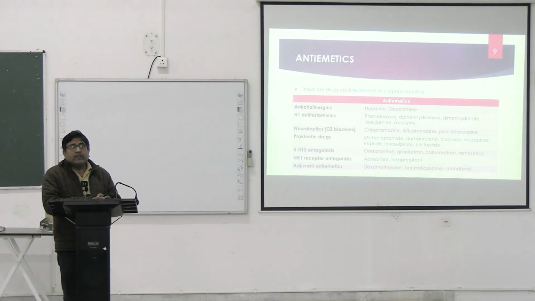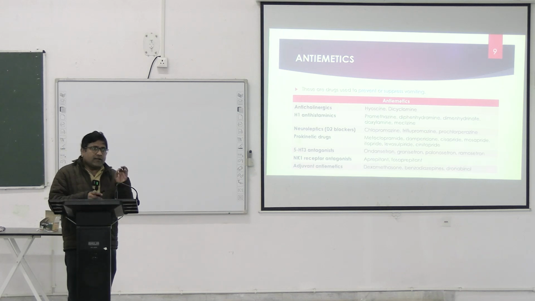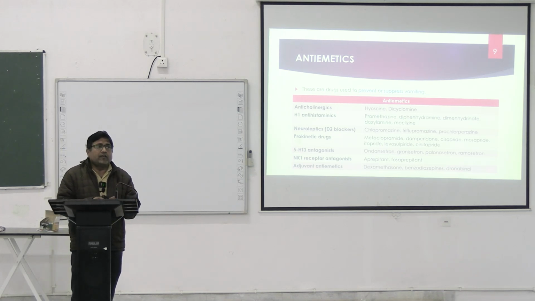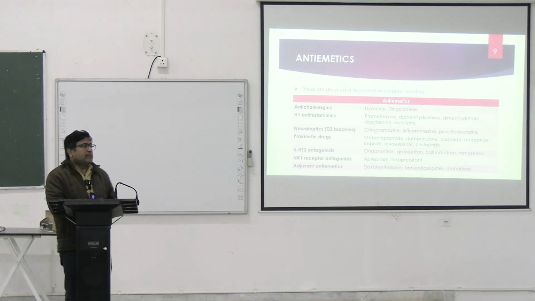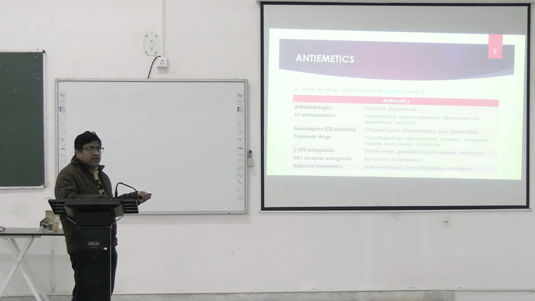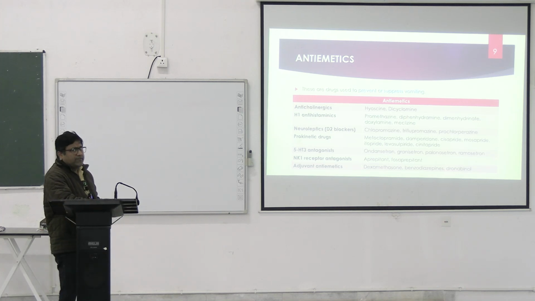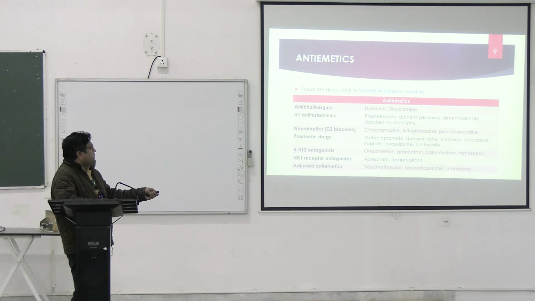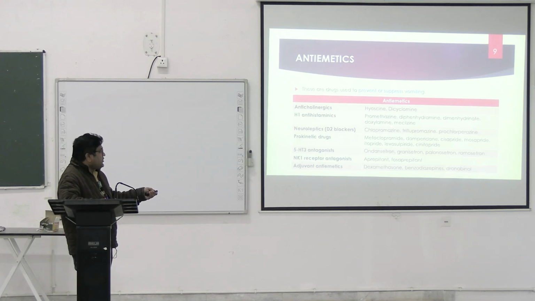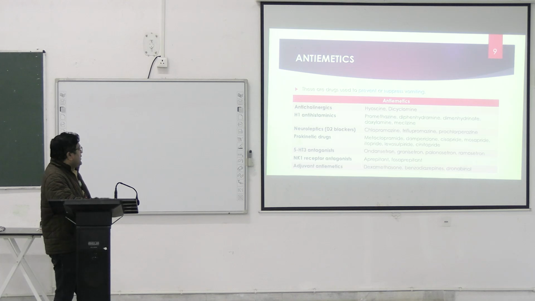Now, coming to the antiemetics, what are the drugs that are used as antiemetics? Number 1, anticholinergics that include hyoscine and dicyclomine. H1 antihistaminics that include basically first generation, they include promethazine, diphenhydramine, dimenhydrinate, doxylamine and meclizine.